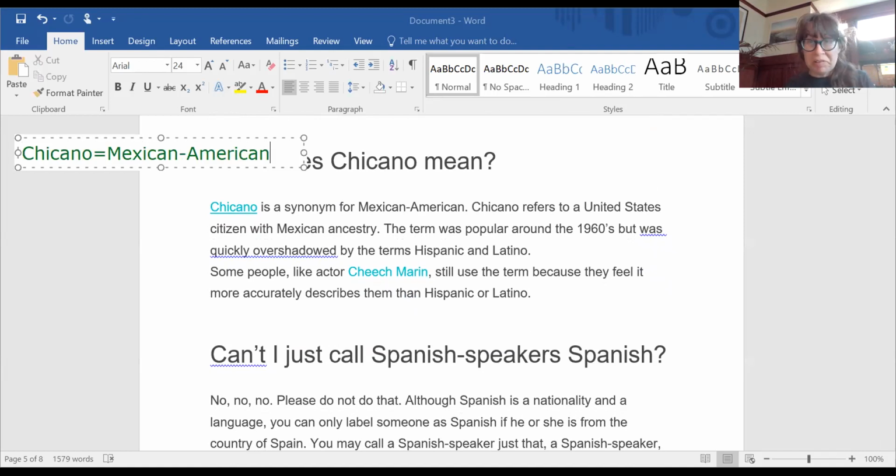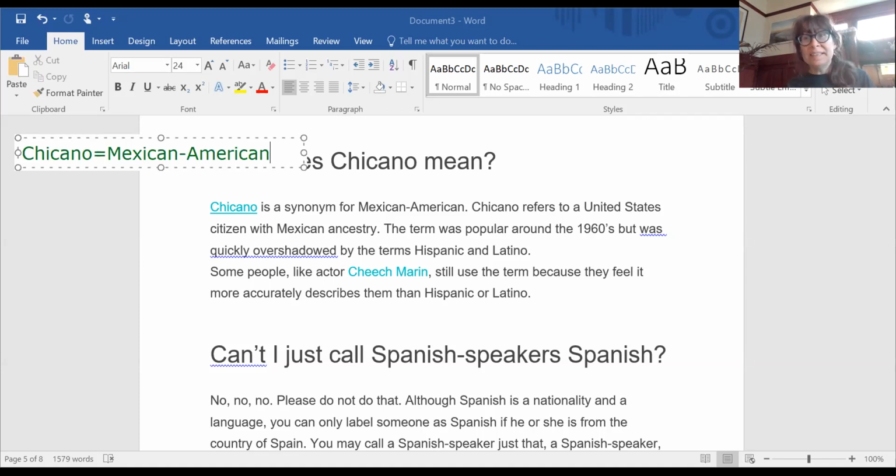It was popular in the 1960s, but was quickly overshadowed by the terms Hispanics and Latinos. And I think it was overshadowed because not all people from Latin America are from Mexico. Mexico is just a small part of Latin America. And so the Chicano movement is specifically a movement centered around Mexican Americans in the United States. And it's a very specific group.